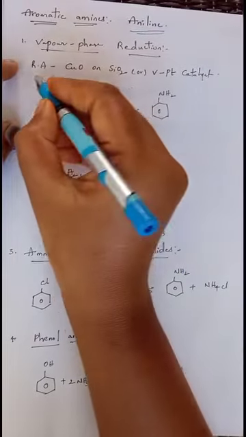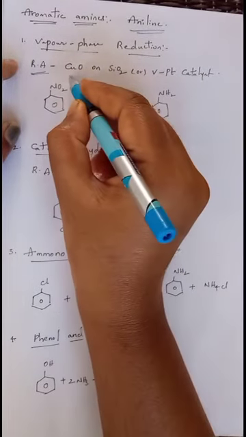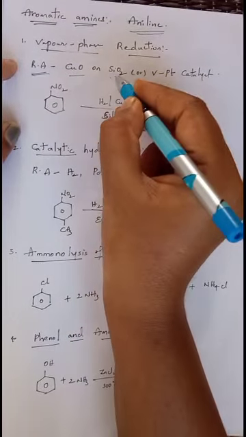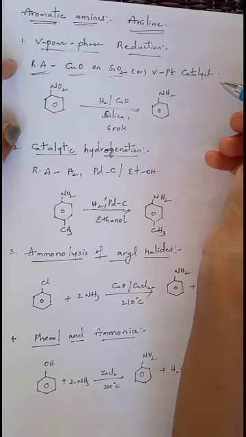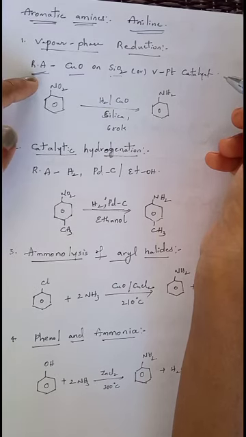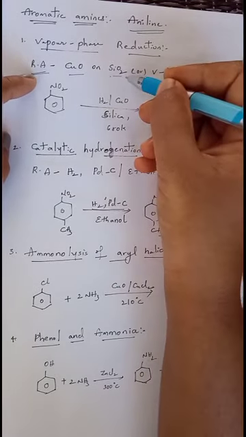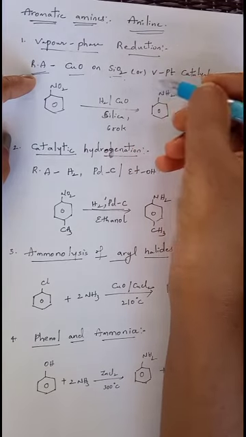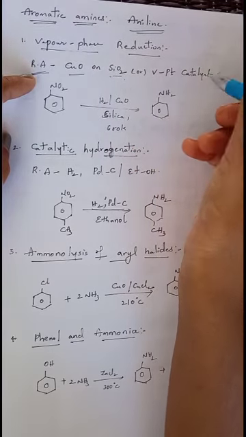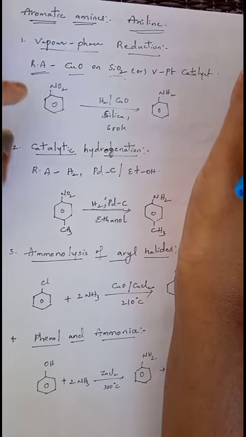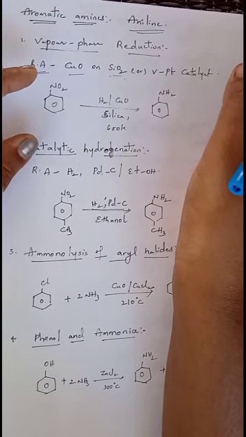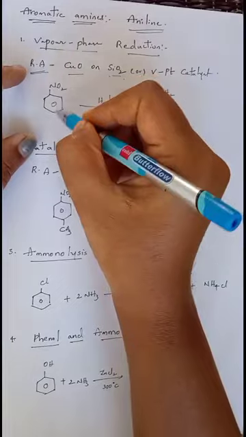For this reduction, we can use copper oxide or silicon dioxide as the reducing agent, and vanadium or platinum can act as a catalyst. Here I am taking the starting material as nitrobenzene.